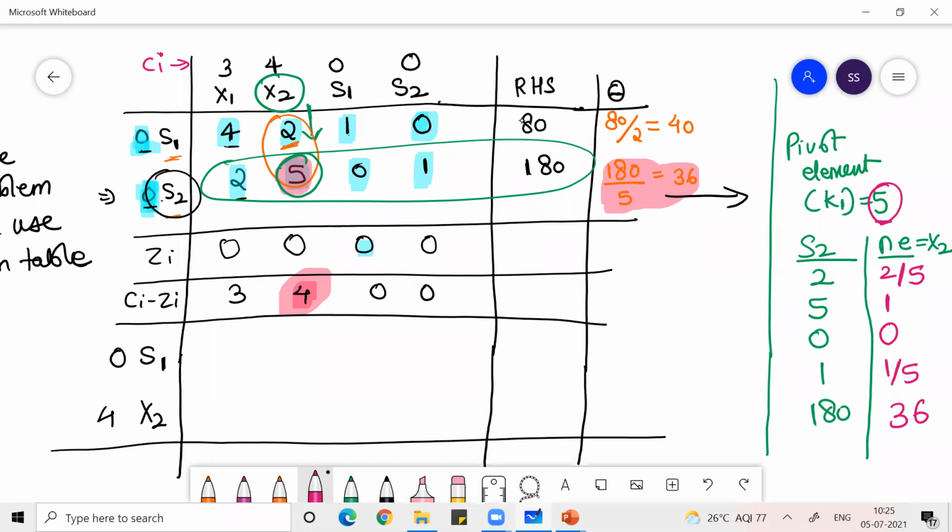These will be the new values of x2. So the values of x2 will be 2 by 5, 1, 0, 1 by 5, and 36.